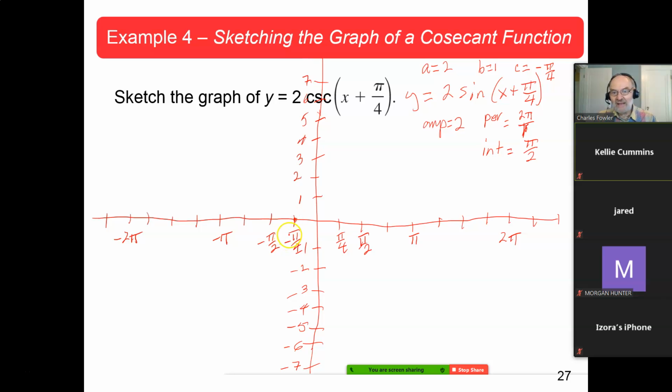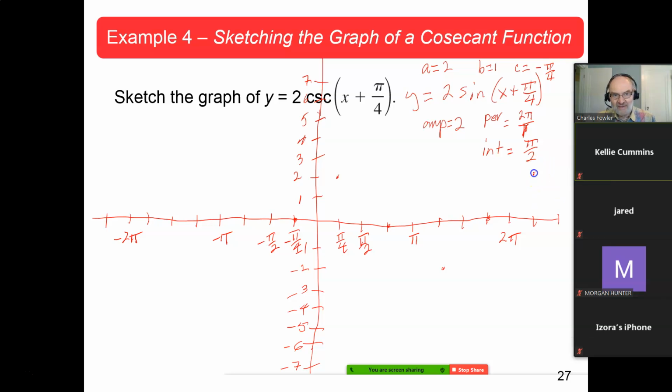Now in one interval, which is pi halves, these are pi fourths, you're going up to your amplitude, so that's going to be right here at 2. And then at another interval, we go back down to 0. Another interval, we go down to negative 2, the amplitude, back here to 0, and back here to positive 2 again, and then get out of there.